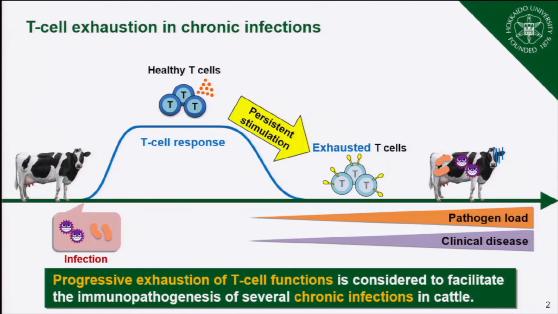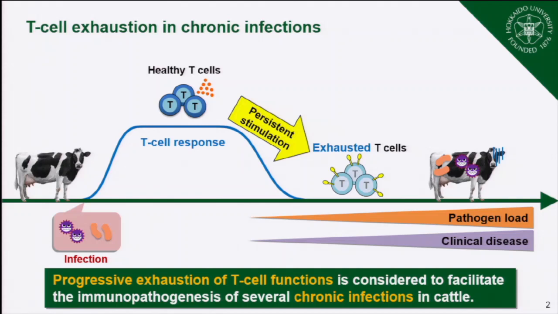And as you know, during chronic infections in cattle, progressive exhaustion of T-cell function is known to facilitate the immunopathogenesis of those chronic diseases.